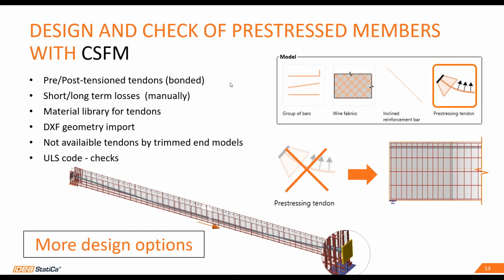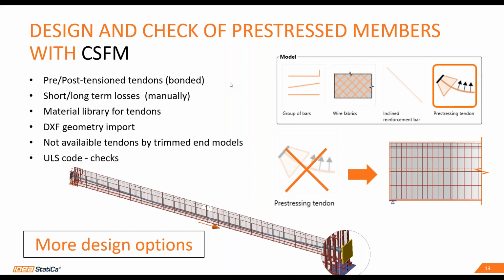I would like to introduce a brand new feature that is implemented in IDEA StatiCa Detail, and it's prestressing in Detail. The users will be able to design and assess pre- and post-tensioned bonded structures in ultimate limit state.